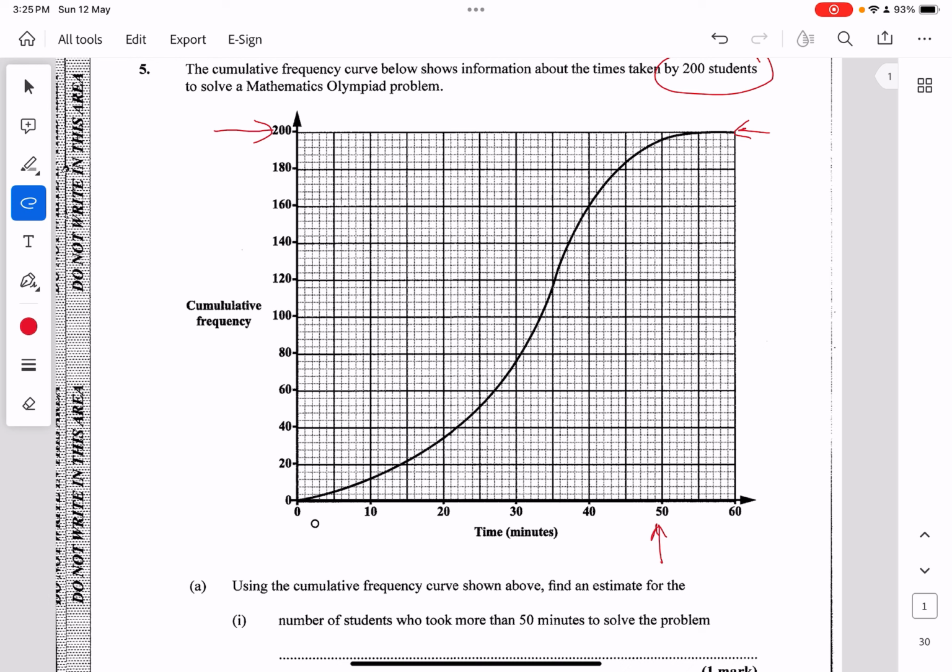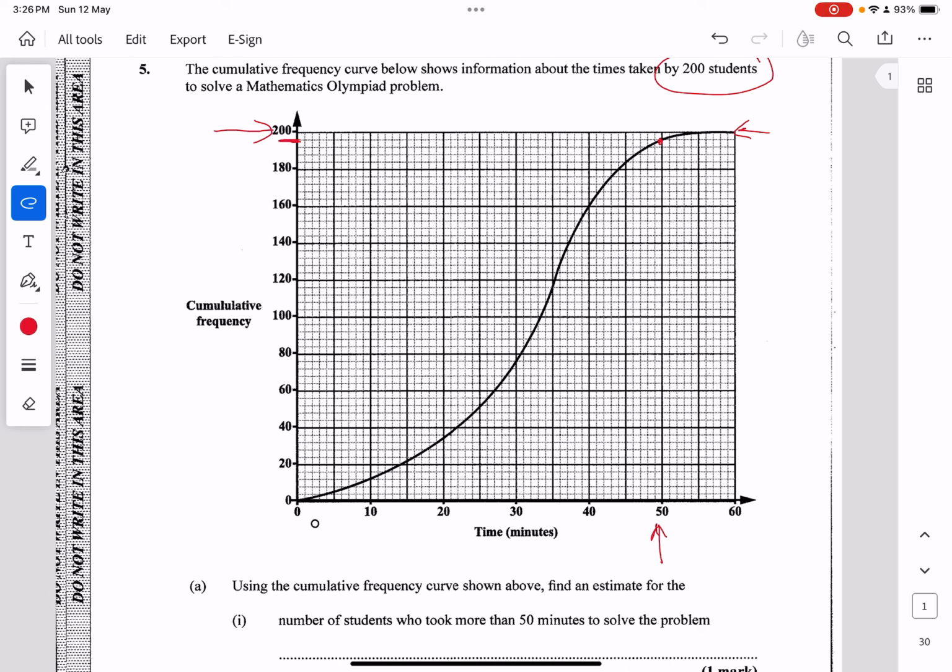So we go up to our curve that corresponds to 15 minutes on our x-axis, which is going to be here, and then we have to look now for the amount of students that would have scored more than this. So that curve meets our y-axis on this line here.